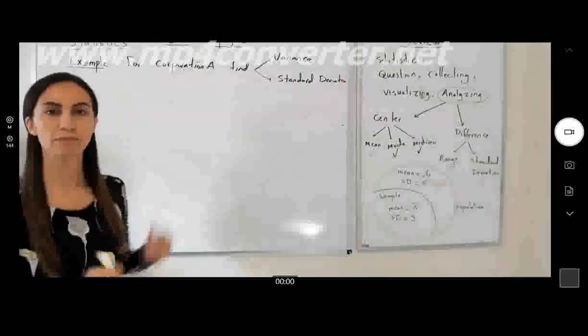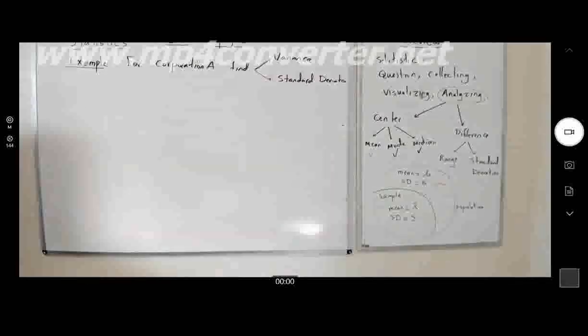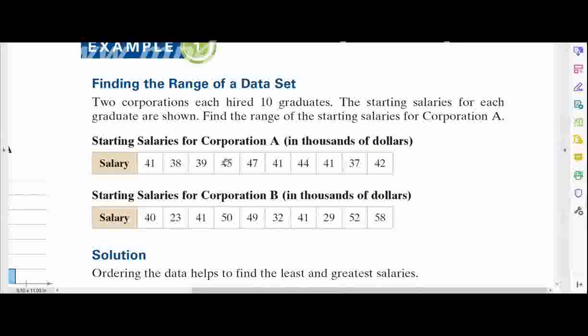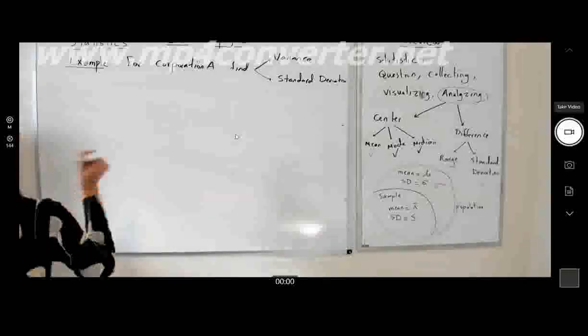Very well. If you get back to example 1, you can see the salaries listed for corporation A. So let us list all of these and form a small table to keep track of our calculations.